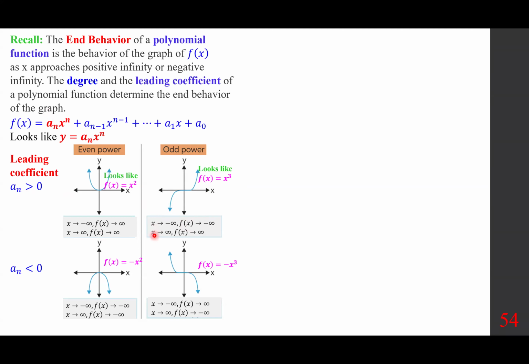Remember, f of x is y. X goes to infinity, so does y. So first and third quadrant. On the other hand, if a sub n is negative, x goes to negative infinity, y goes to positive infinity. X goes to positive infinity, y goes to negative infinity. So it looks like minus x cubed. I hope everybody remembers that as far as graphing.